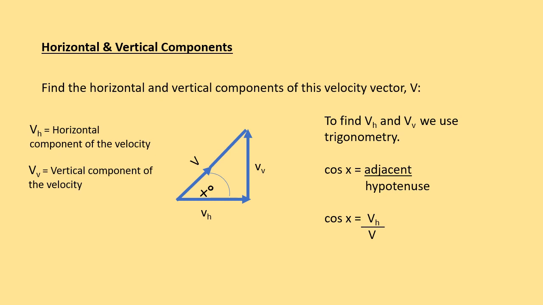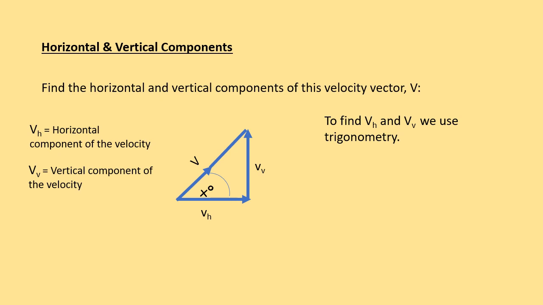So that leaves us with cos x equals VH over V. And then if we rearrange that, we take the V up to this side, we get V cos x equals VH. And just turning that equation round, we get VH equals V cos x. So to find the horizontal component of this velocity, we do V, which is the original velocity, multiplied by cos of the angle to the horizontal.